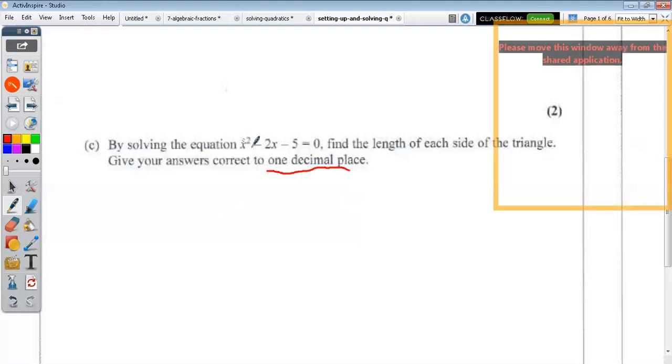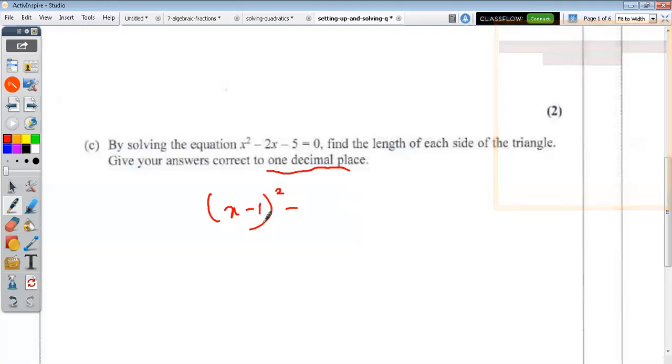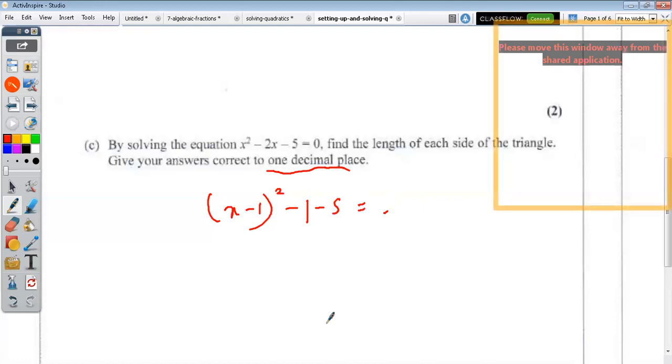I'll explain again. What you simply check is that the x squared term, the coefficient should be 1. If it's not 1, if it was 2, we divide everything by 2 so that the coefficient of the x squared term is 1. So in this case, it's 1, it's fine. Then we inspect the middle term here, we divide that by 2, so that I get x minus 1 squared. Then I subtract the square of this term here. So it's 1 squared is 1, minus 5 is equal to 0. That making sense?